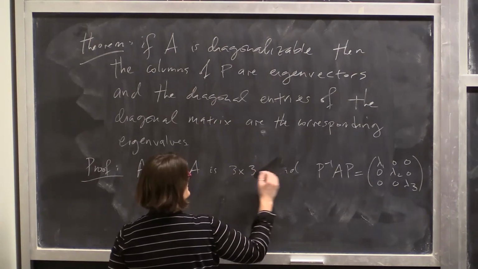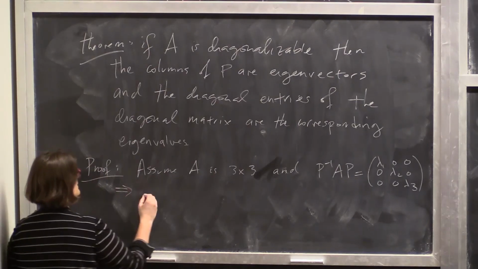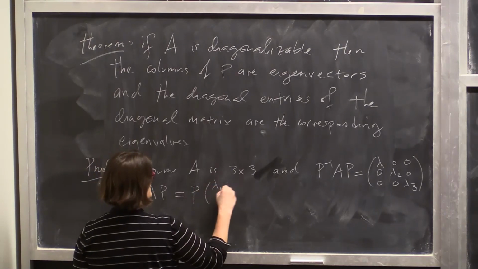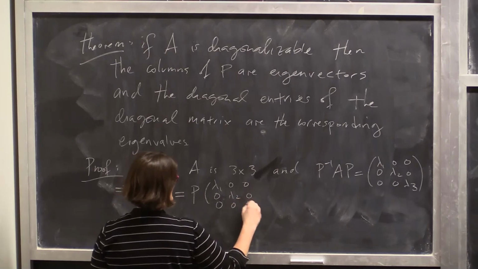So we've assumed that A is 3 by 3 and A is diagonalizable. Then A times P is equal to P times lambda 1, 0, 0, 0, lambda 2, 0, 0, 0, lambda 3.